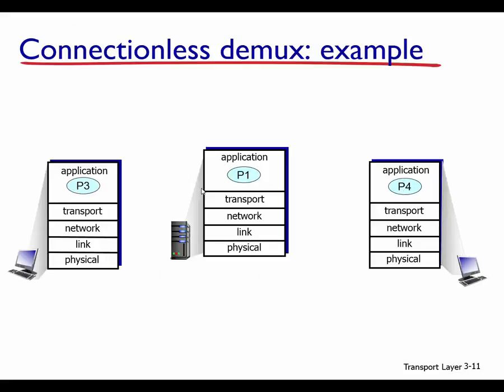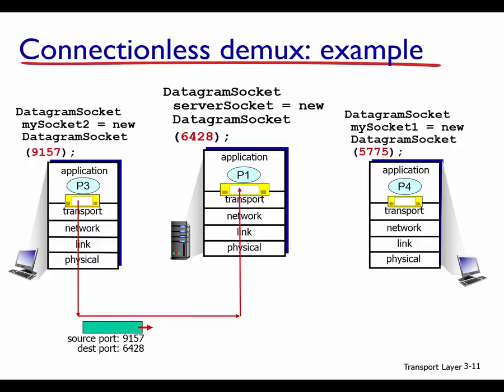So let's walk through this example. We start off with the client sending to the server. Its source port number is 9157, and its destination is port 6428. The server responds with source port 6428 and destination port number 9157.